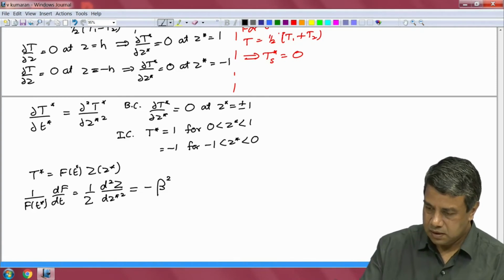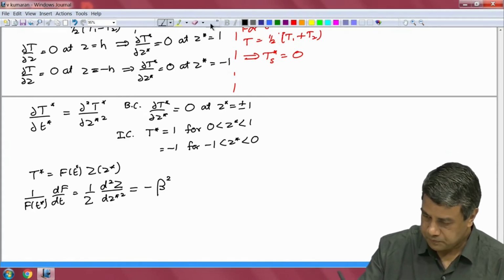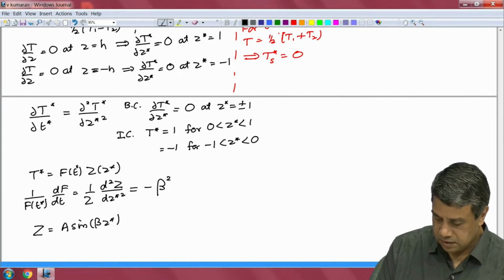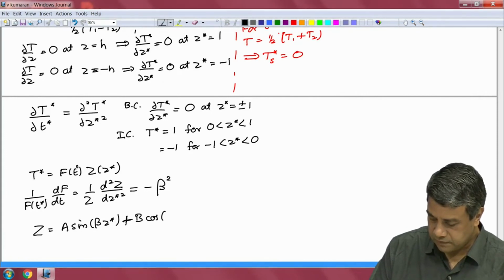That means that Z is equal to a sine of beta z plus b cos of beta z.